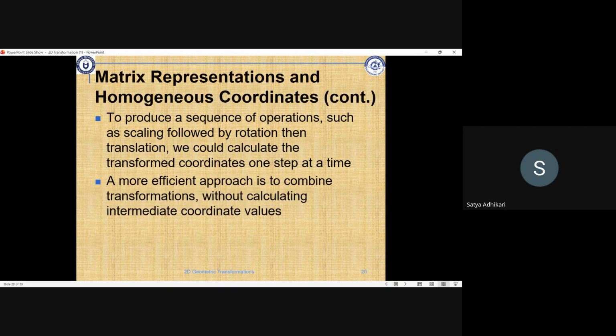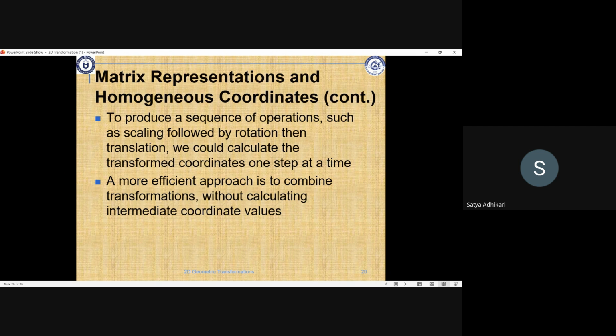A more efficient approach is to combine the transformations without calculating intermediate coordinate values. So we first combine the transformations, and then apply them without calculating the intermediate coordinate values.